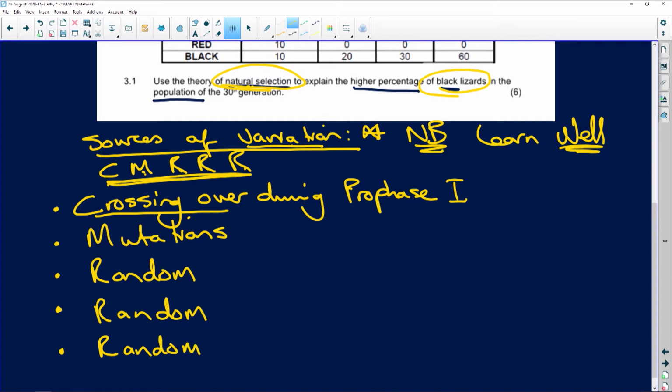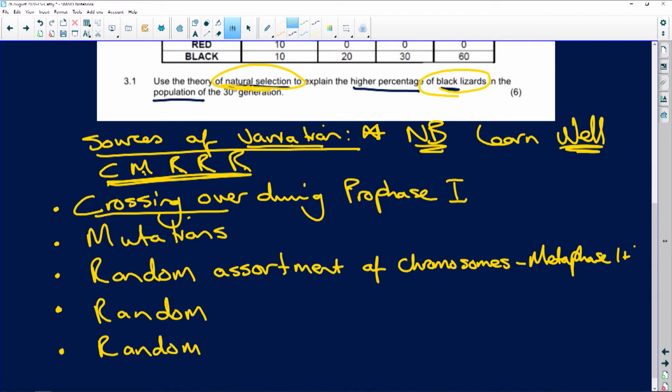But random what? The first random is random assortment of chromosomes, in metaphase 1 and 2.